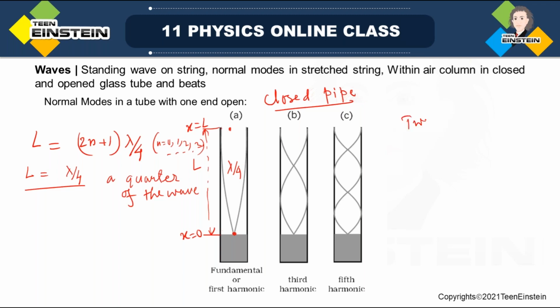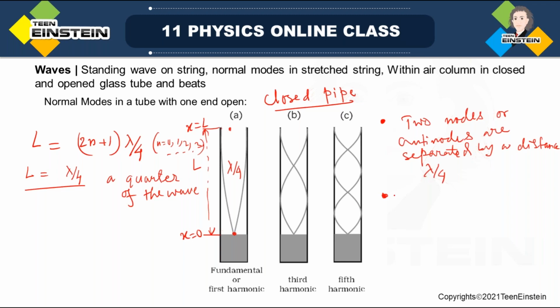Two nodes or two antinodes are separated by a distance lambda by 2.